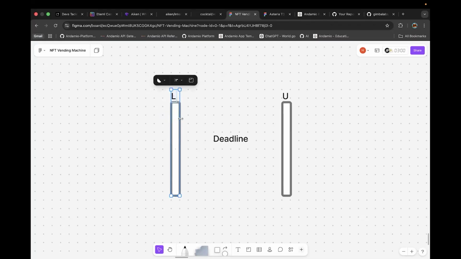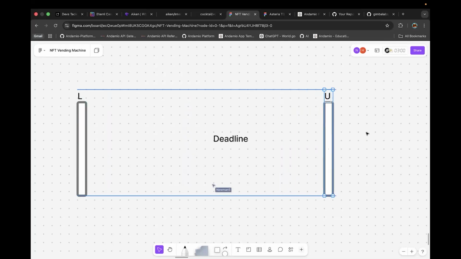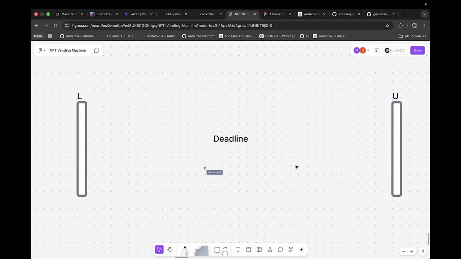Is the deadline supposed to be a range of time or just one specific timestamp? If the deadline is a specific time, it cannot be like this. This is basically representing a time range from L to U. I don't think it can be like this.